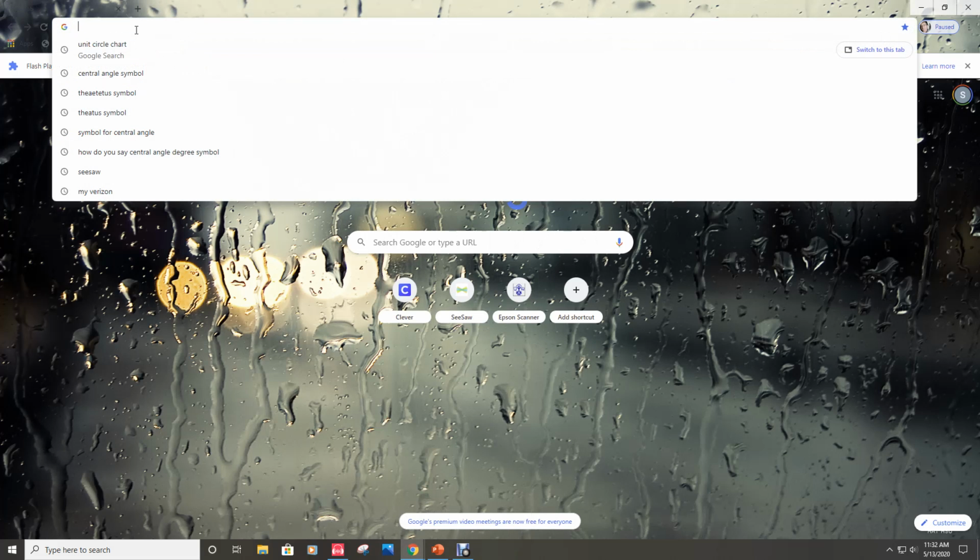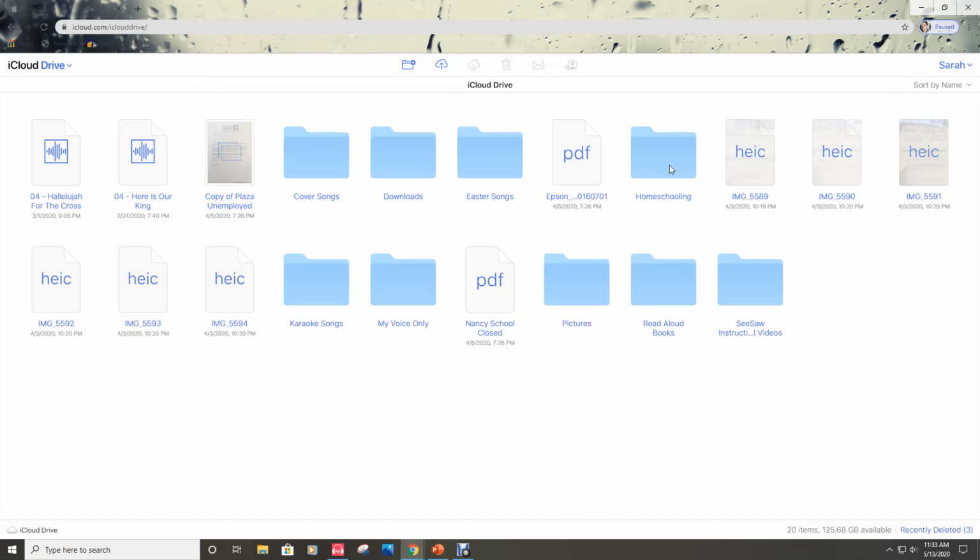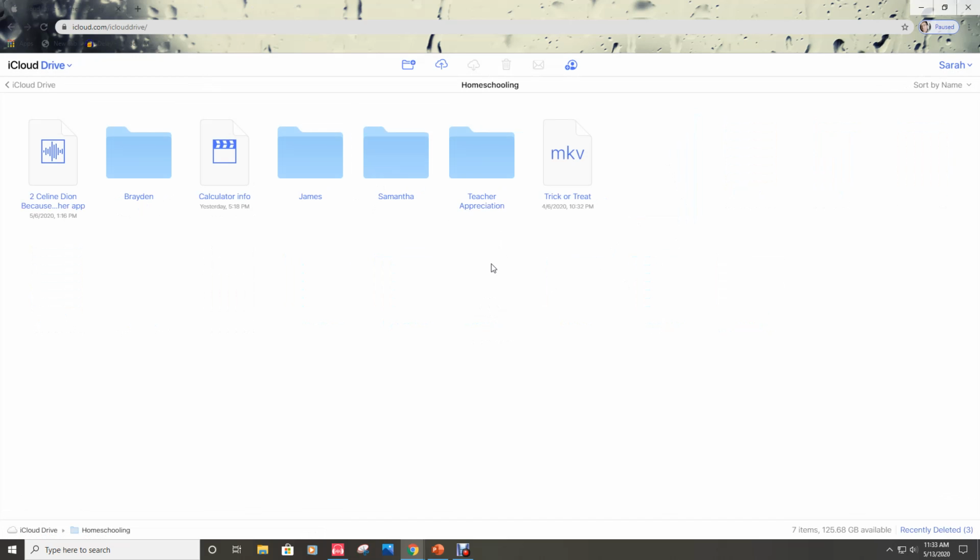I think I uploaded it to my iCloud drive, because if you are going to check your work with your graphing calculator, there is something very important that you have to make sure of on your graphing calculator.